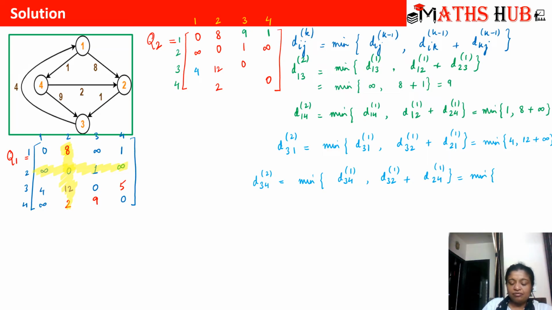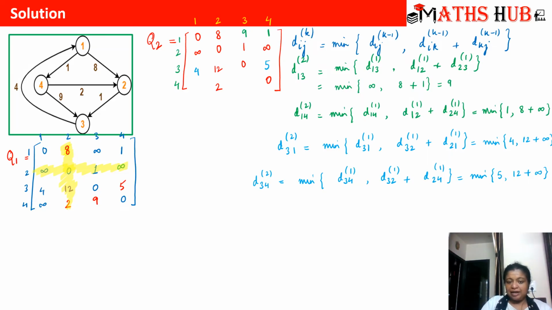This is minimum of, what is D34? D34 is 5. D32 is 12 plus D24. D24 is infinity. So you will see that you'll get 5 over here, right? So you will see that not all places get improved every time, but some places get improved, right?